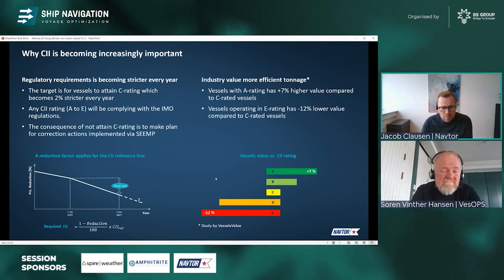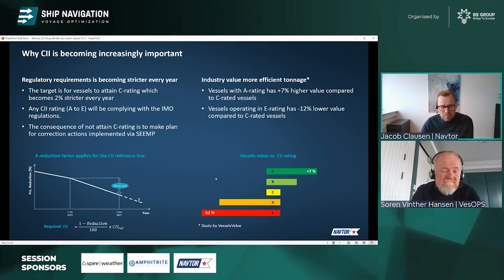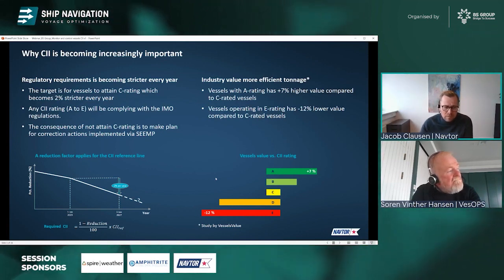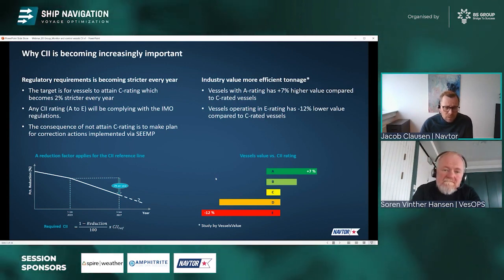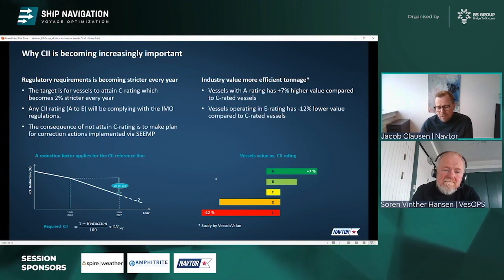The other and maybe newer part is that the industry is generally seeing a value in having more efficient tonnage. One of the recent studies by VesselsValue is that an A-rated vessel versus a C-rated vessel, the C-rated vessel being the target for the industry defined by IMO, has an average of 7% higher value.